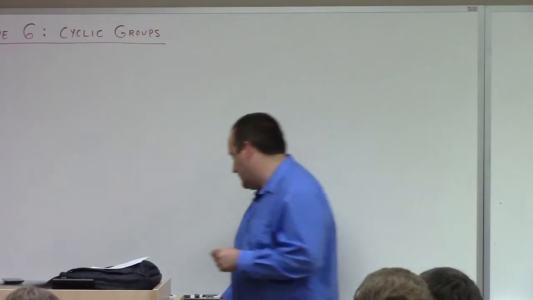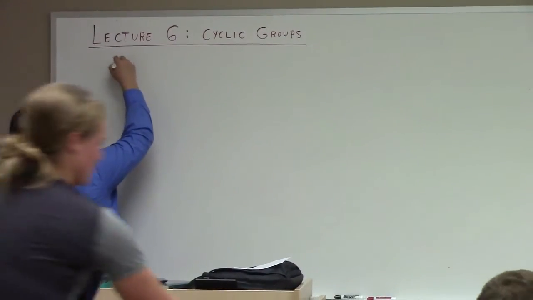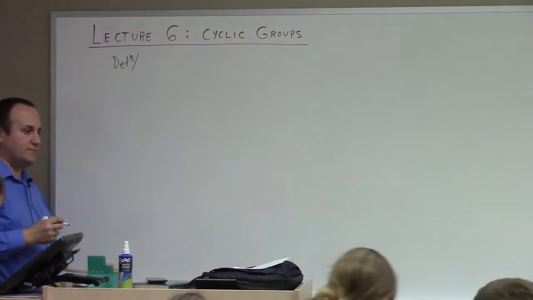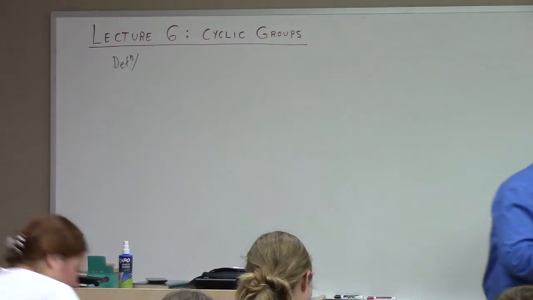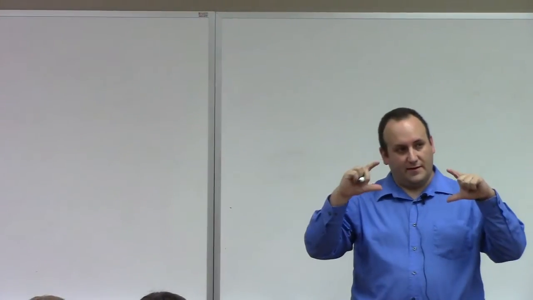Amen. Okay, so what is the definition of a cyclic group? We've talked about this before, but not exactly. Before, we proved a theorem back in, I think it was lecture 3, about the subgroup generated by a specific element.